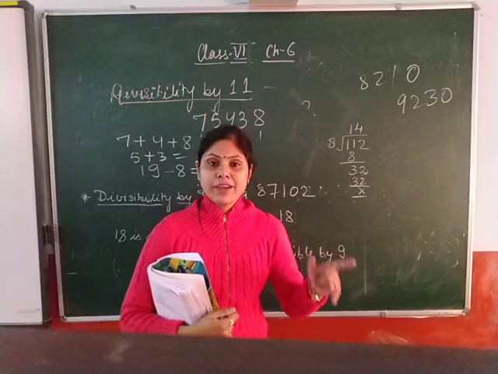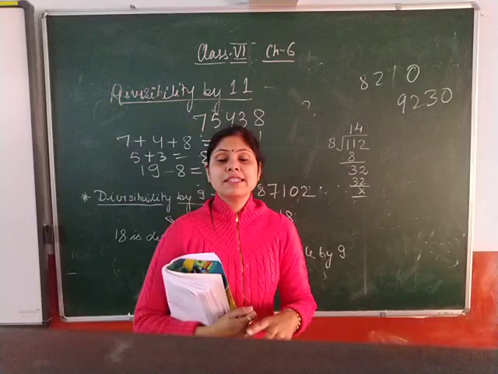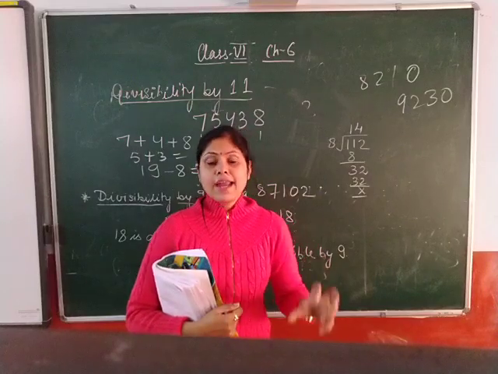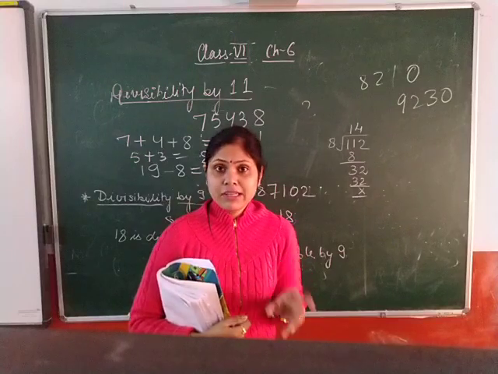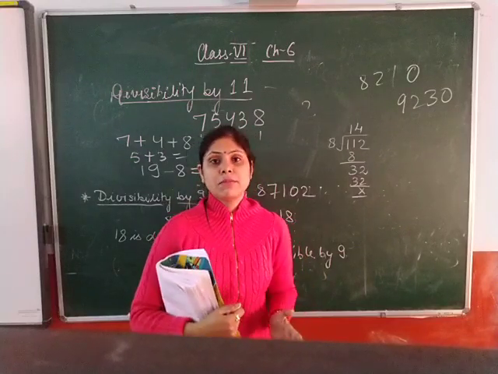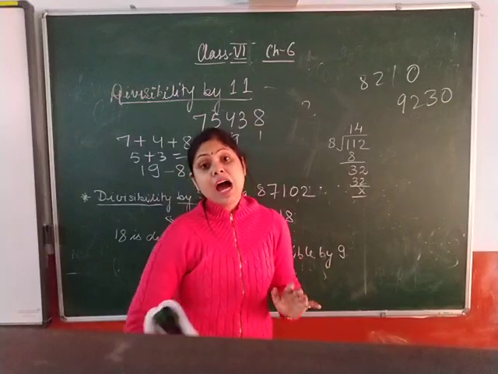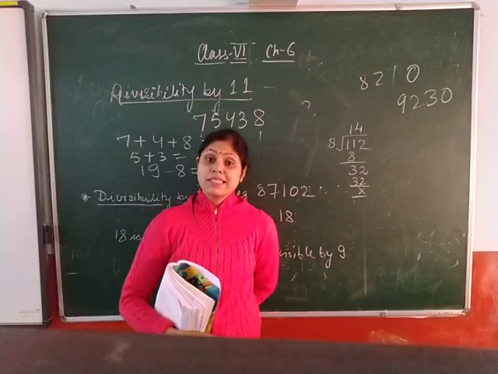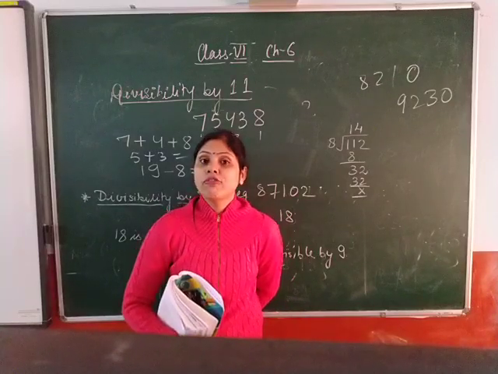The same thing is for 9. If the sum of the digits is divisible by 9, the whole number is divisible by 9. What is the condition for 4? If the last 2 digits of the number are divisible by 4, then the whole number is divisible by 4.